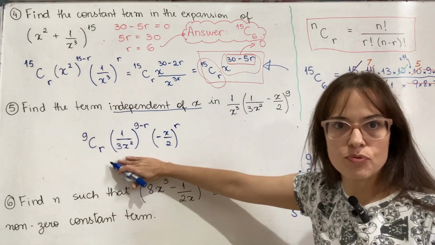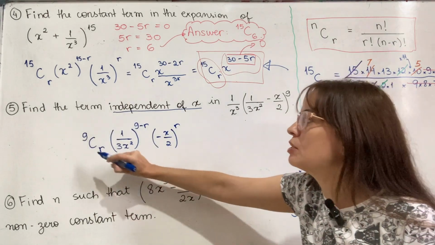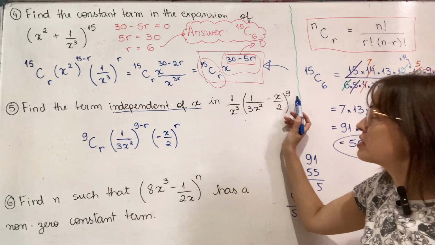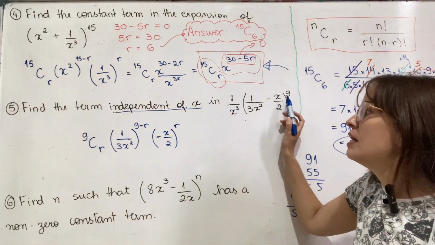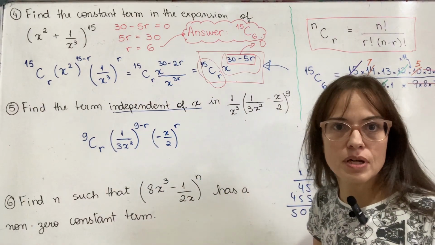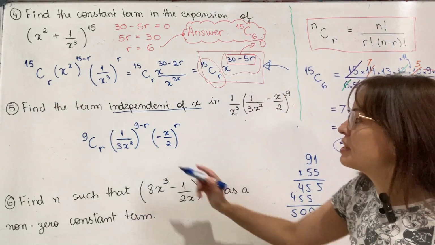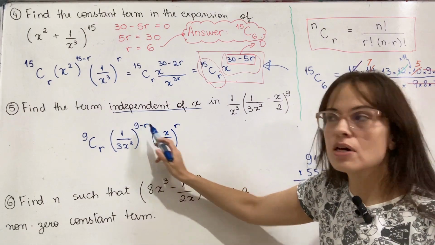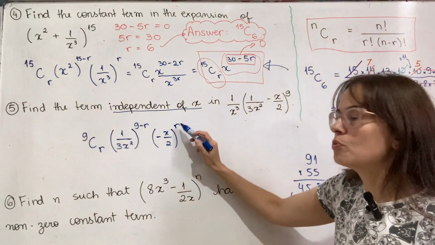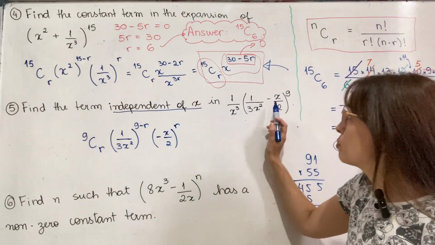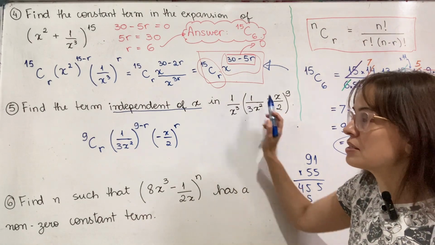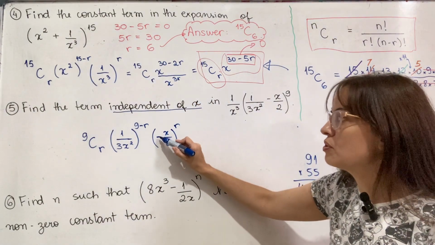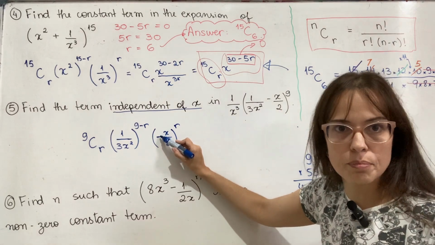So once again, I've written the general thing here. It begins with 9 choose r because the exponent is 9, and r is something that I will have to find out. But then I have the first fraction to the power of 9 minus r, and the second fraction to the power of r. Let's be careful because this one is minus instead of plus, so the only thing that changes is that this is a minus here.